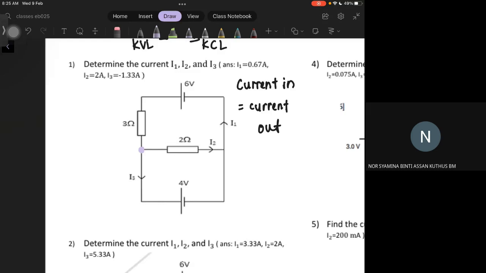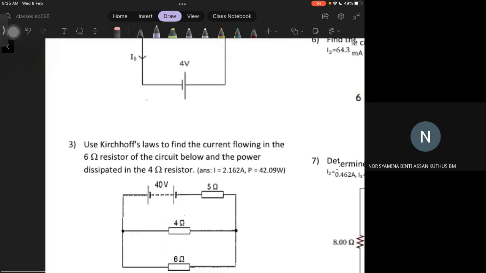Okay, boleh? So by looking at this node dekat sini, current that goes in adalah current apa? Which current goes into this node? Current 1. Okay, that goes out from the node adalah current 2 dan current 3.